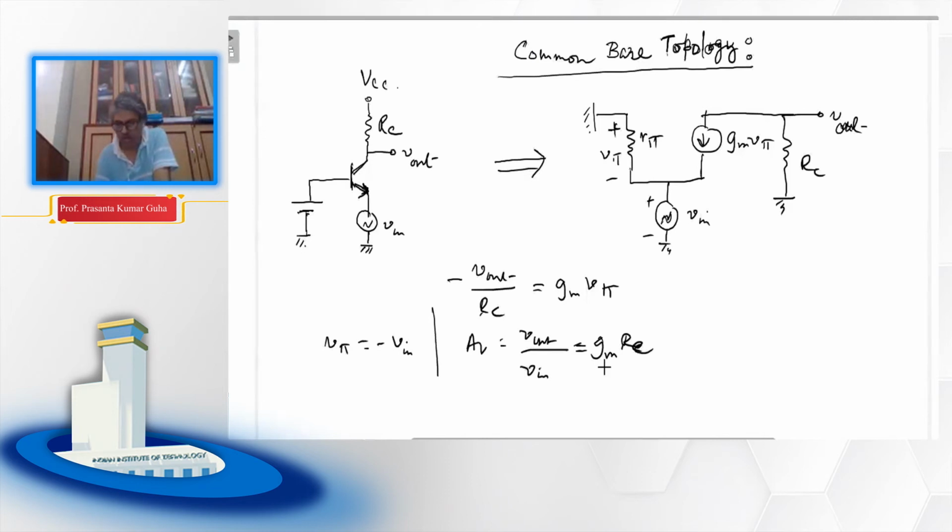Now in the same way we can also discuss that VCC has an important role to play as far as the gain is concerned. You remember we had this discussion in the common emitter configuration. I am redrawing it.